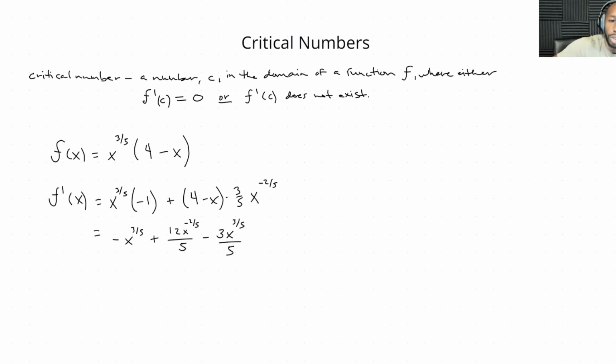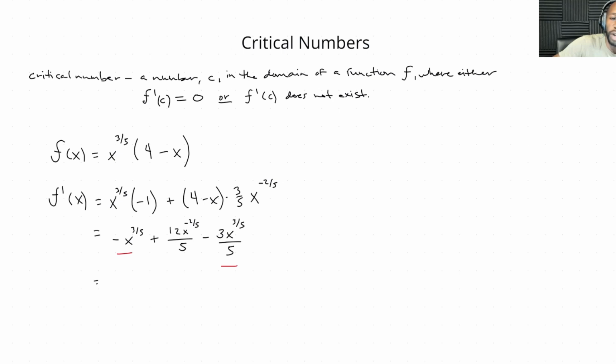Now, if you notice, we do have like terms here. Let me go ahead and denote them. This is a like term with this because they both are to the 3 fifths power. So negative x to the 3 fifths minus 3x to the 3 fifths over 5.